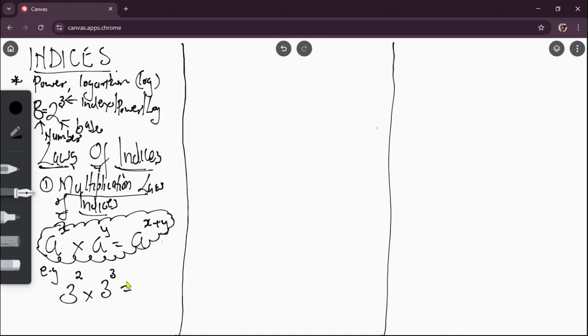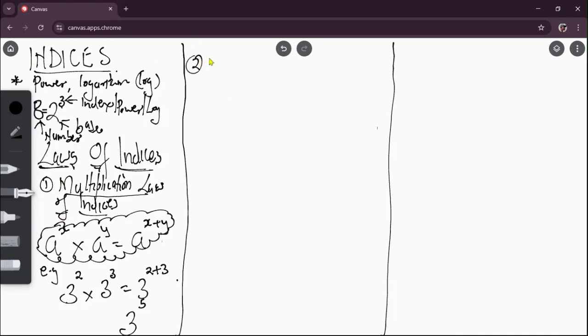After confirming that they have the same base, base 3, this is the same as 3, and you just take the powers and add them together. I take this power, I write it here, and I add this power. So this is the same as taking 3 to the power of 2 plus 3. What is 2 plus 3? The answer here is 5. So this is the law of multiplication, and it is the first law.